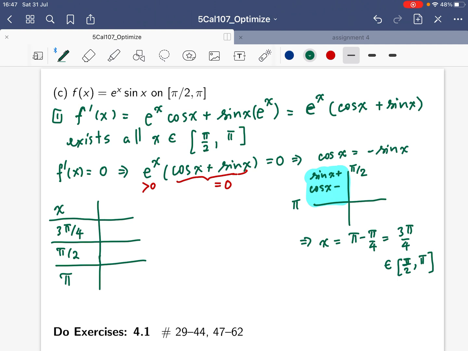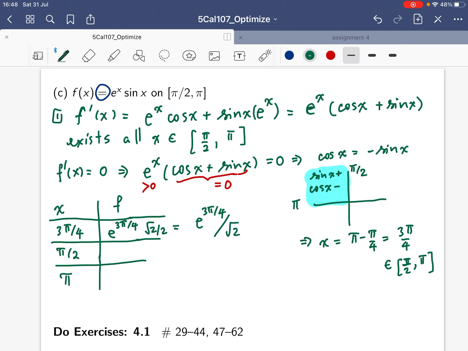Here, for your function value at the first one, don't forget that you need to go back to this function. It will be e raised to the power 3 pi over 4 times sine of 3 pi over 4, which is just a positive value, square root of 2 over 2. Or you can say it is e to the 3 pi over 4 over square root of 2.